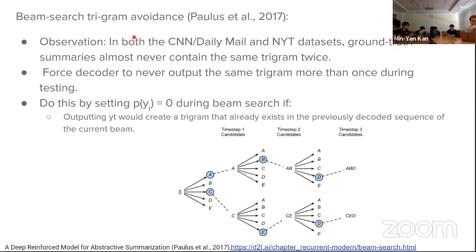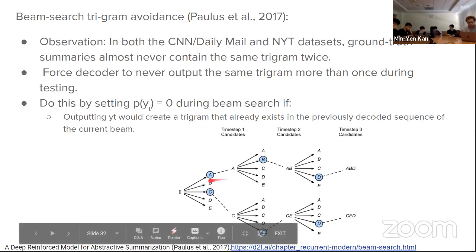This paper has the observation that in both the CNN and Daily Mail and New York Times datasets, the ground truth summaries almost never contain the same trigram twice. So they force their decoder to never output the same trigram more than once during testing. They do this by setting the probability of a particular trigram to 0 if that exact trigram already exists in the previously decoded sequence of the current beam.